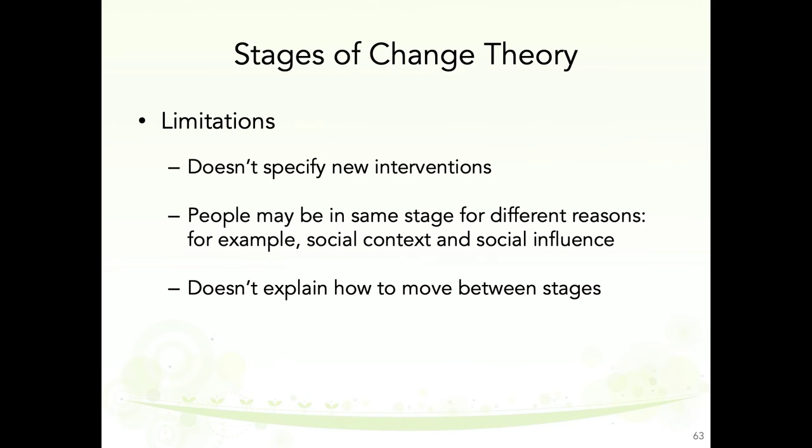It doesn't identify those mechanisms, and simply drawing an arrow doesn't tell you anything about how that process works. People could be in the same stage for totally different reasons, for example, their social context and influence and norms around them. So in the end, this theory was very promising, but hasn't led to a commensurate gain in knowledge.